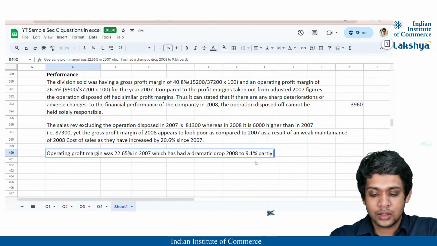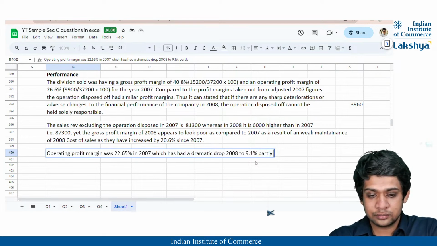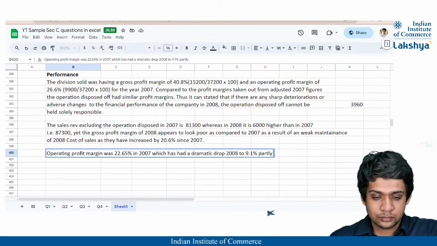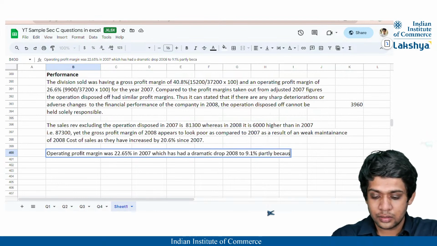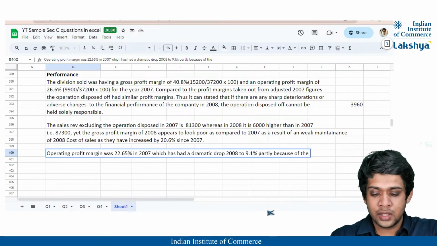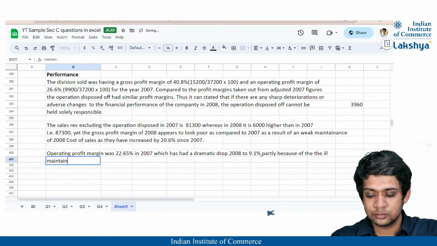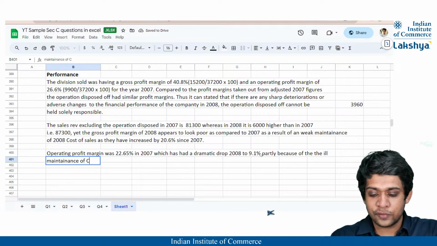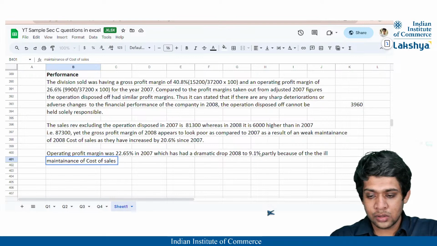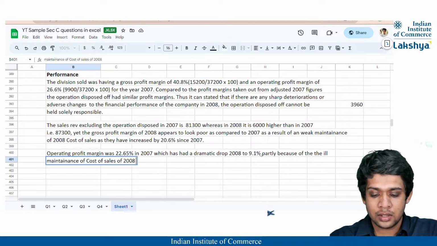partly because of the ill maintenance of cost of sales of 2008, right?